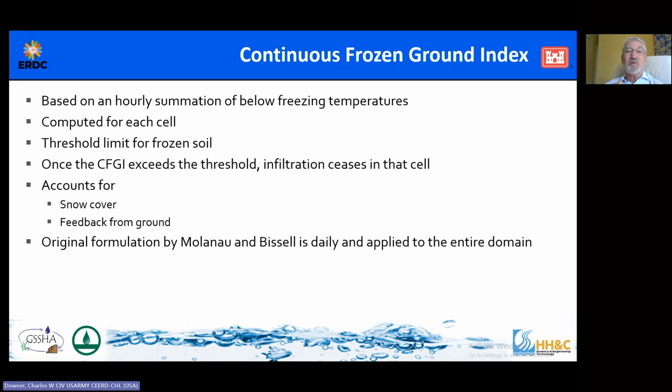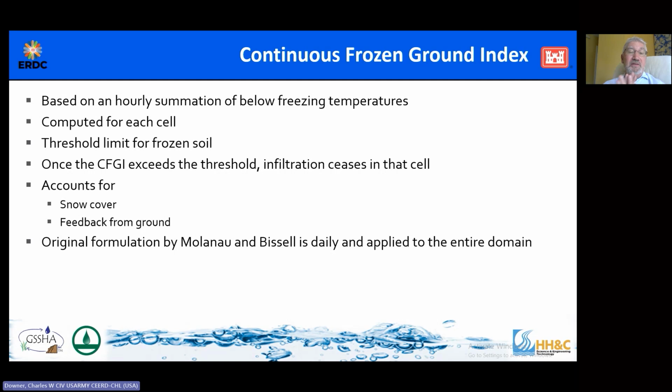If it's above the threshold, it is frozen, and if it's frozen, then the infiltration ceases in that cell. Although this is a pretty simple tool, it does account for some important things that we know affect the soil, which is the snow cover and the feedback from the ground.